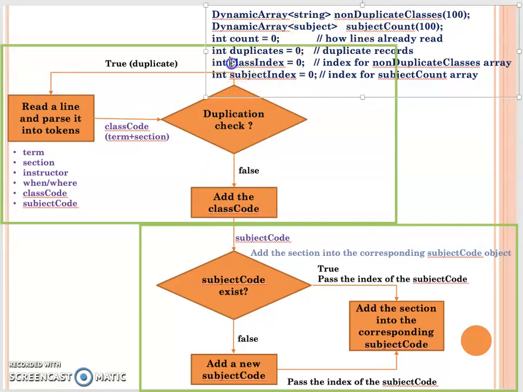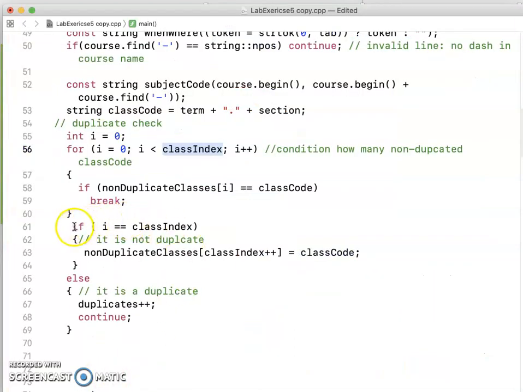So this number is the location where the new section needs to be added into the non-duplicate classes. And also this number is very important, it is our condition, our boundary, for how many times I need to compare the class code against the array.